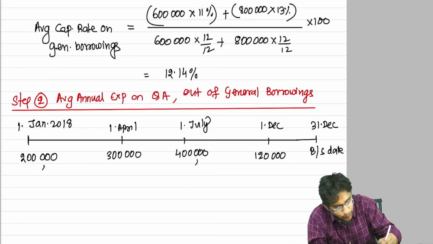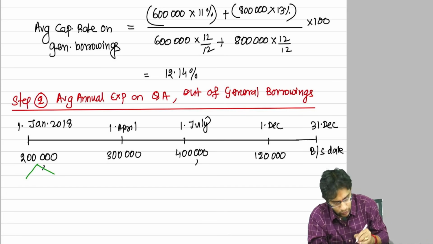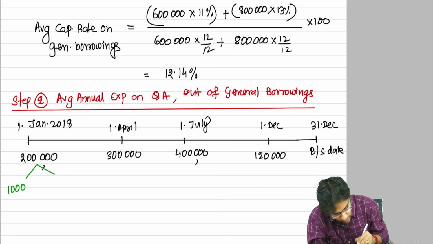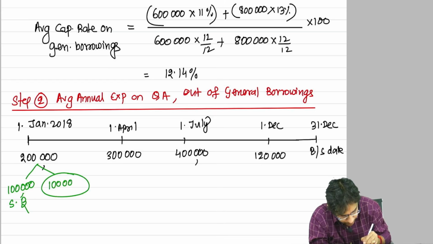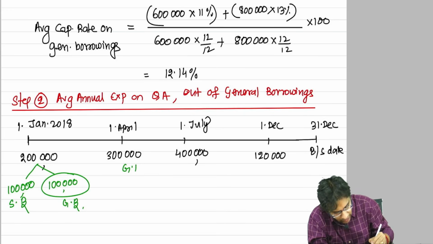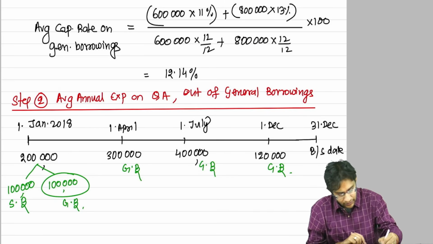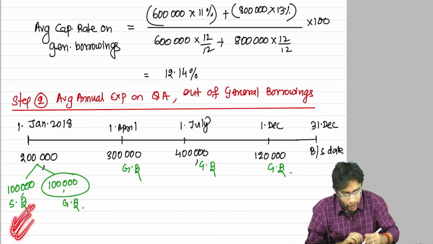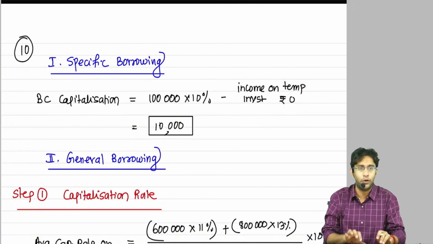So you have to believe, and which is natural also, that out of this 2 lakhs, 1 lakh rupees is funded out of specific borrowing. The remainder 1 lakh is funded out of general borrowing. This is totally general borrowings, this is totally general borrowings, this is also totally general borrowings. In fact, this 1 lakh borrowing cost we already calculated here. Be careful, don't forget.